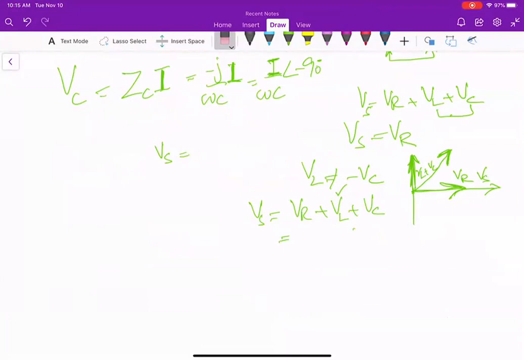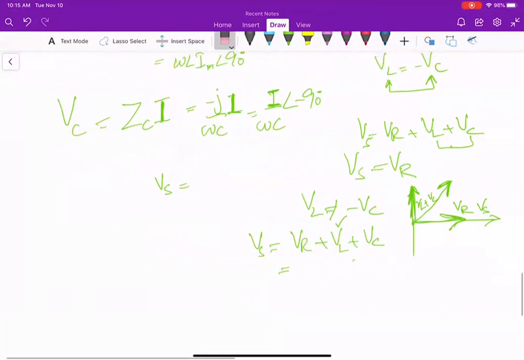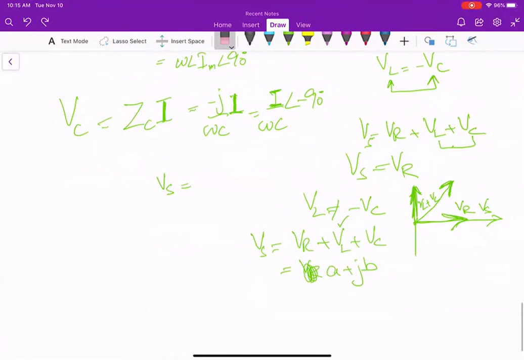So what I'm saying is that if these two have the same quantity, then your VS will be in the direction of VR. But if the two are not equal, one of them is greater and one of them is less, then the greater one has its own dominating effect and your VS will be pointing in that direction. So if your VC is greater than VL, then your dominating effect will be here and your VS will be here.